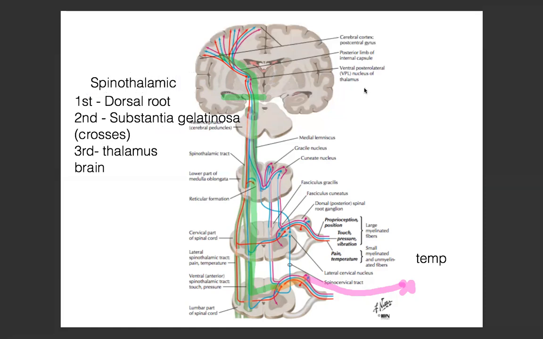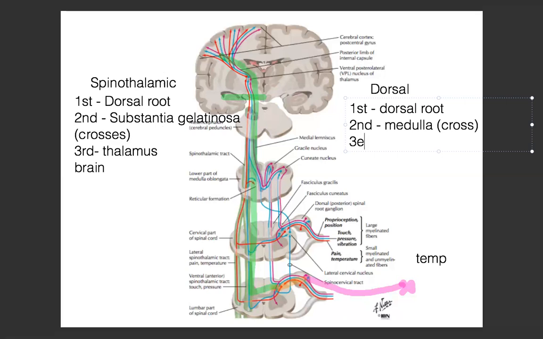But the order of the dorsal column was that the first was in the dorsal root ganglia, the second was in the medulla, and it crossed, and then the third was in the thalamus, and after that it went to the brain, right? So the difference between them is in the second order neuron. Okay?